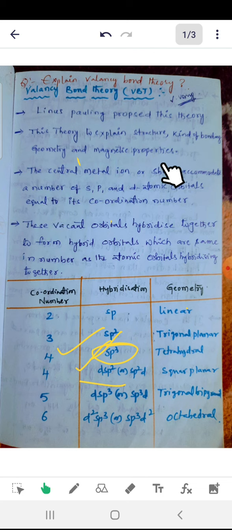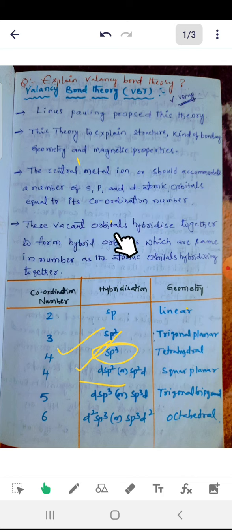geometry, and magnetic properties. The central metal ion should accommodate a number of s, p, and d atomic orbitals equal to its coordination number.